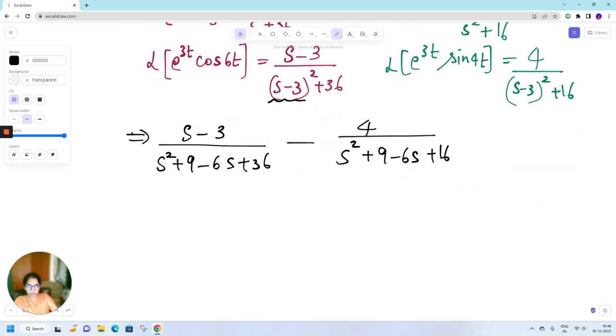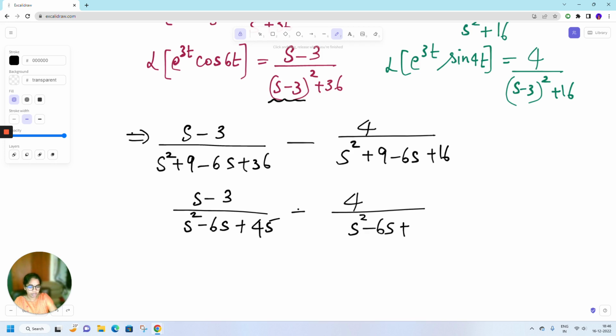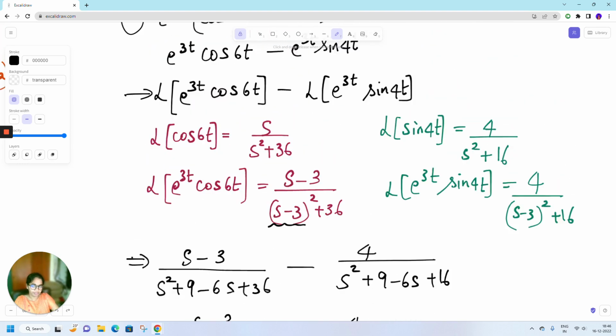Now what is 36 plus 9? S square minus 6s plus 45, minus 4 divided by s square minus 6s plus 25. You can simplify it further by taking LCM.